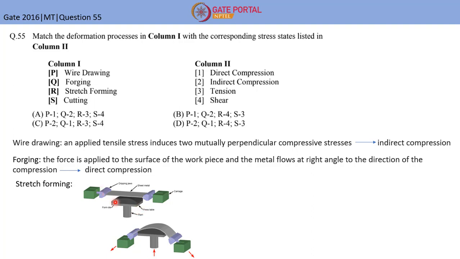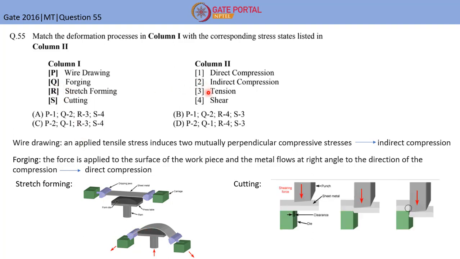So what is usually done is we pull these two and we pull this ram also. So what it does is you can see this is stretching this plate or sheet, and the ram is also stretching it more. So this is a type of tension, in this sheet tension will be there. So R will be 3.